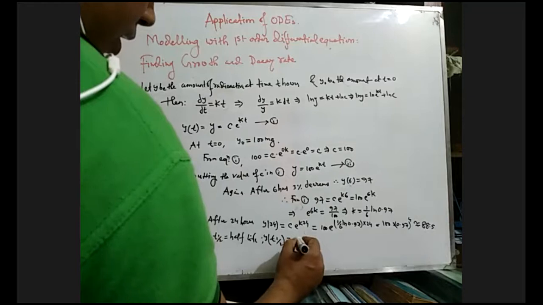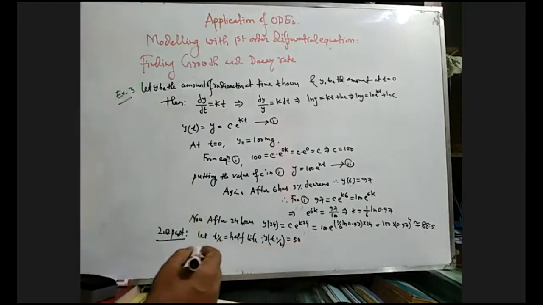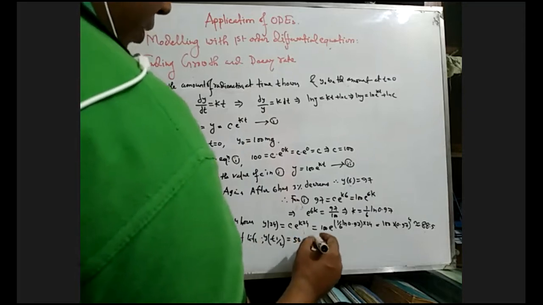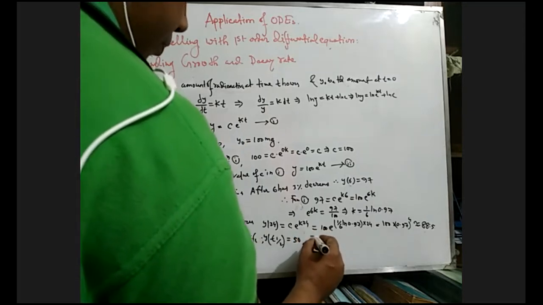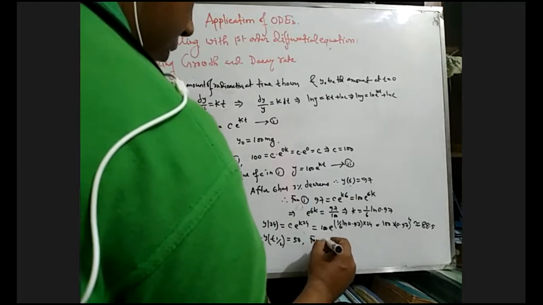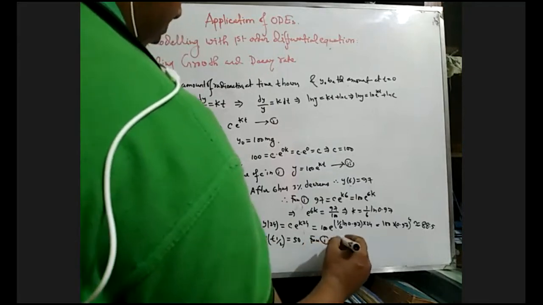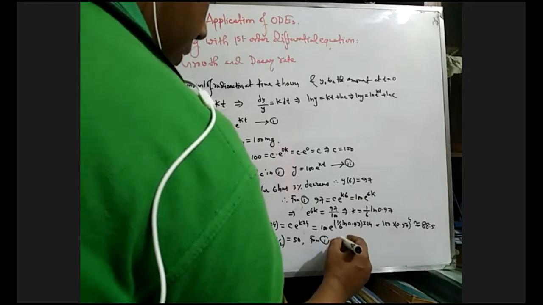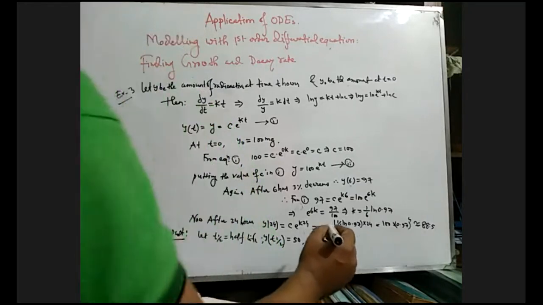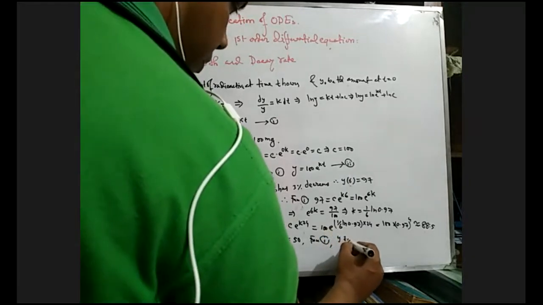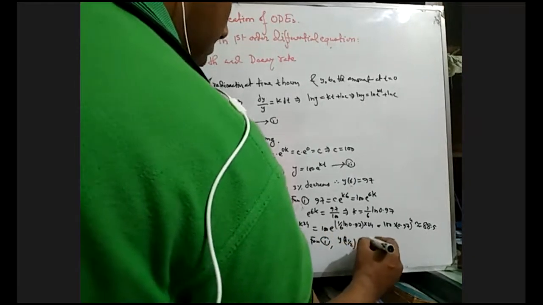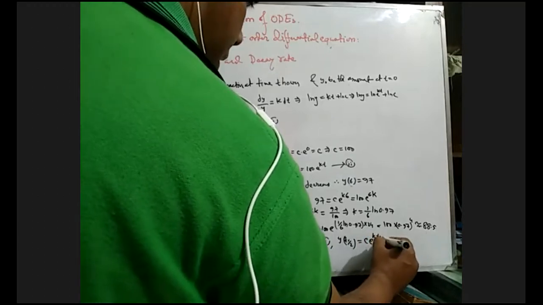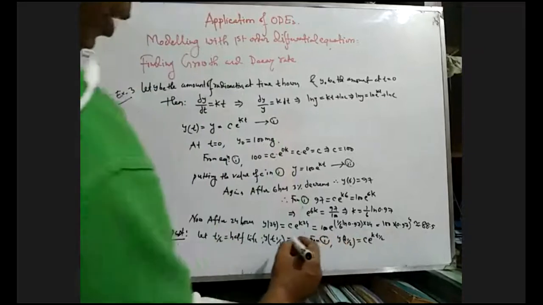So at T half, the amount will become 50, right? So from equation 1, y at T half equals c into e to the power k T half. T half is the half life, remember it.